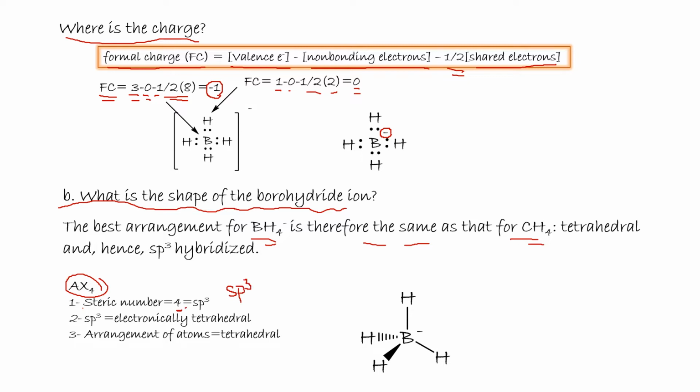Since we have 4 bonds, we have 4 sp3 orbitals. sp3 means that we have electronically tetrahedral, and since it's AX4 with 4 sigma bonds, the molecular shape will again be tetrahedral.